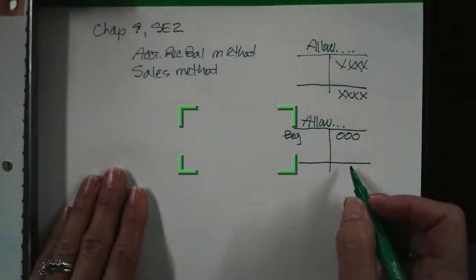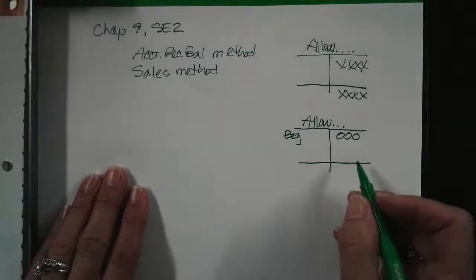So if they use the accounts receivable method, they're telling us that we know what we want the allowance account to be at the end of the year when we get ready to do our financial statements. Okay? They tell us $16,500 of the $199,000 of accounts receivable are estimated to be uncollectible.